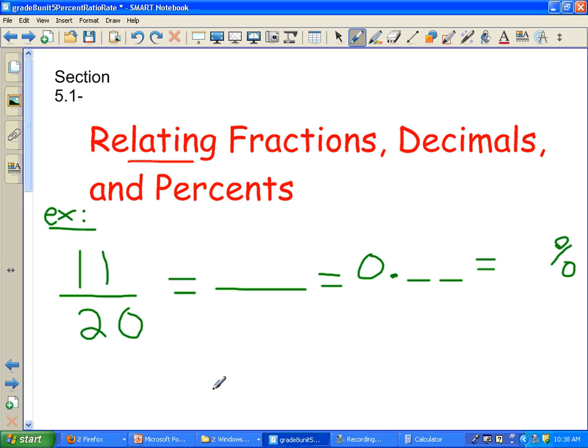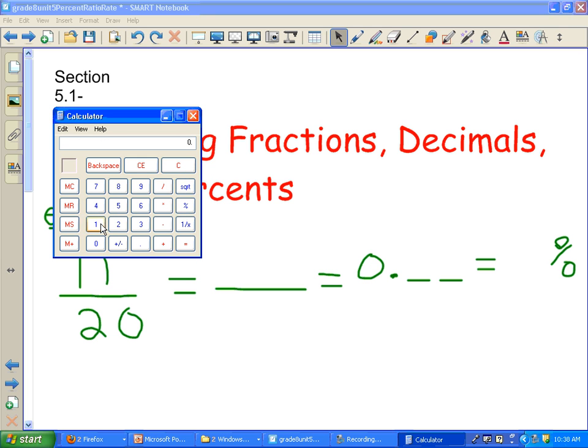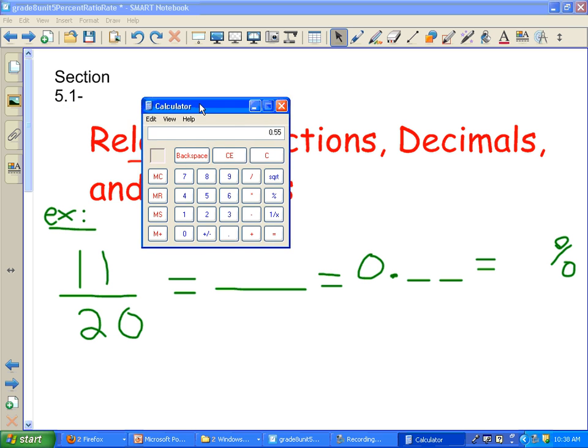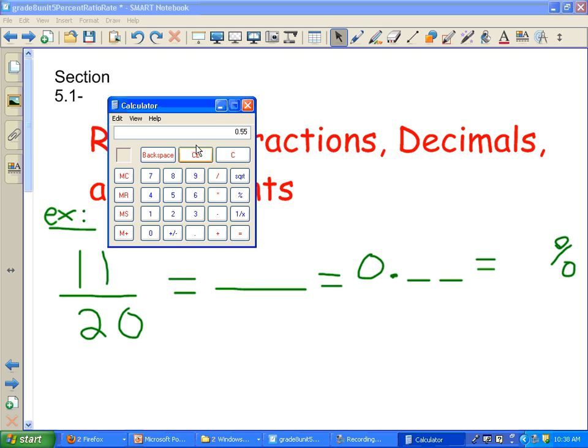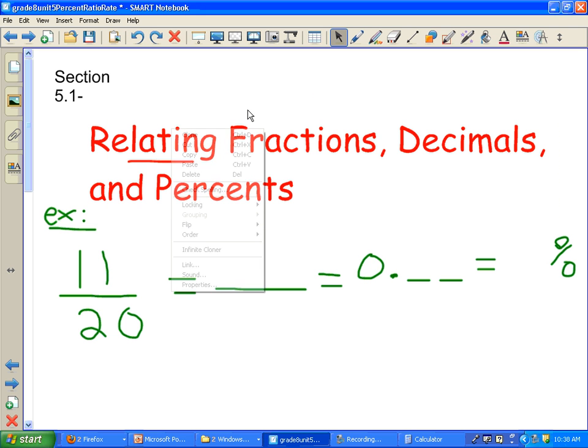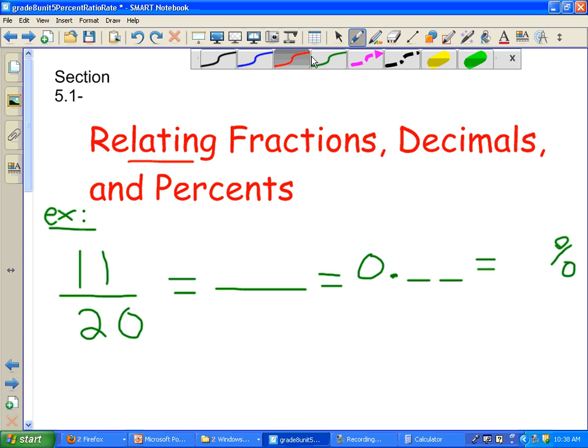11/20. On your calculator, we would simply go 11 divided by 20, and you would end up with a lovely decimal. Now, we can change this without doing that. I can make this bottom become 100, because if it's out of 100, I can put it in a fraction, a decimal, and a percent really easily.